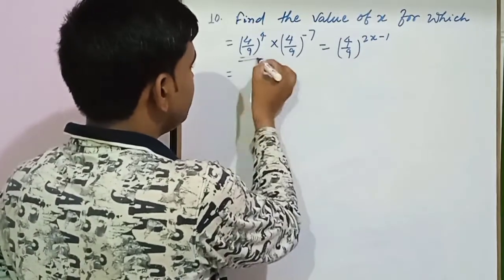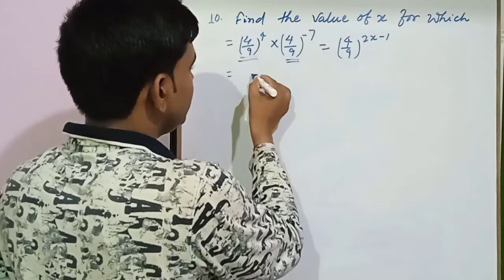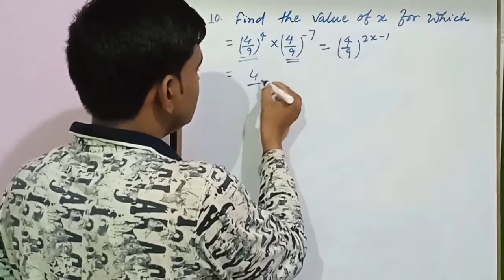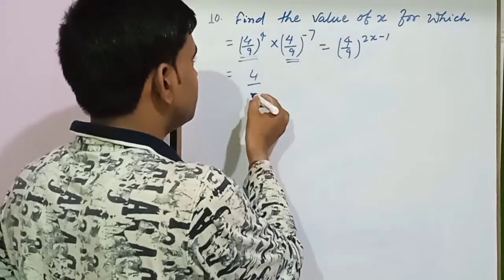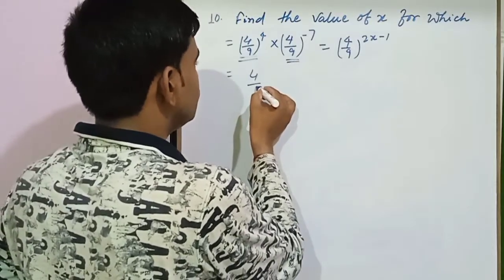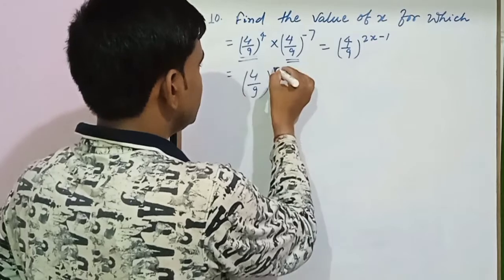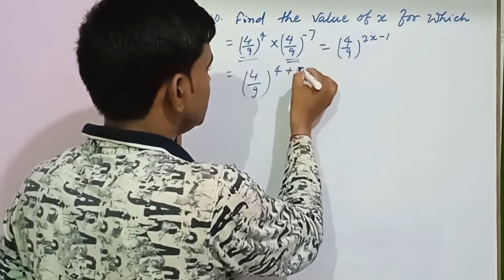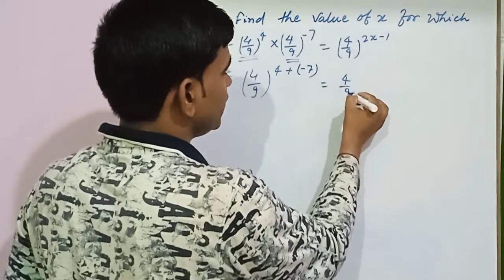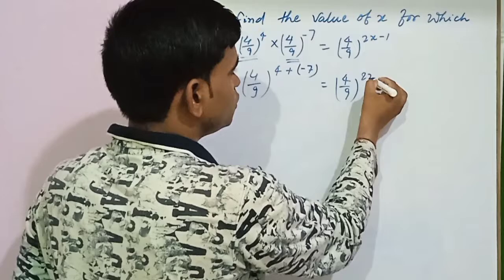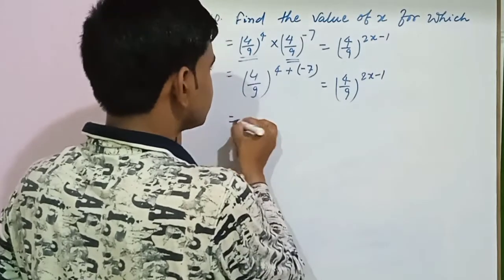So when the base is equal, the exponents are added. So 4 upon 9 raised to the power 4 plus minus 7 is equal to 4 upon 9 raised to the power 2x minus 1.